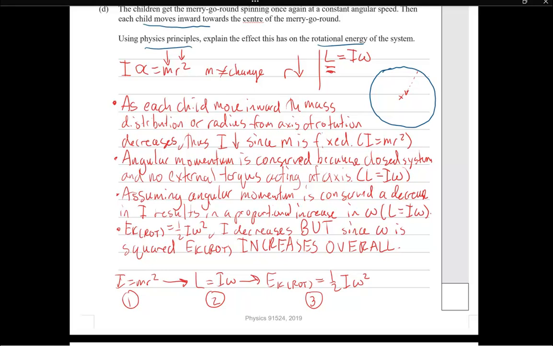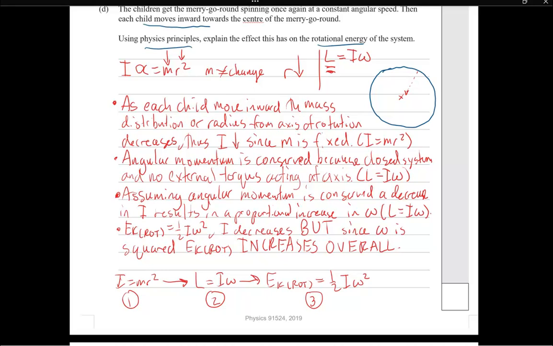So next bullet point, assuming angular momentum is conserved, a decrease in the rotational inertia results in a proportional increase in the angular velocity since the L is the same, which is what we've just said before. So finally, answering the question, which asked us to explain the effect this has on the rotational energy, we know that E_K rot equals half of inertia times angular velocity squared.